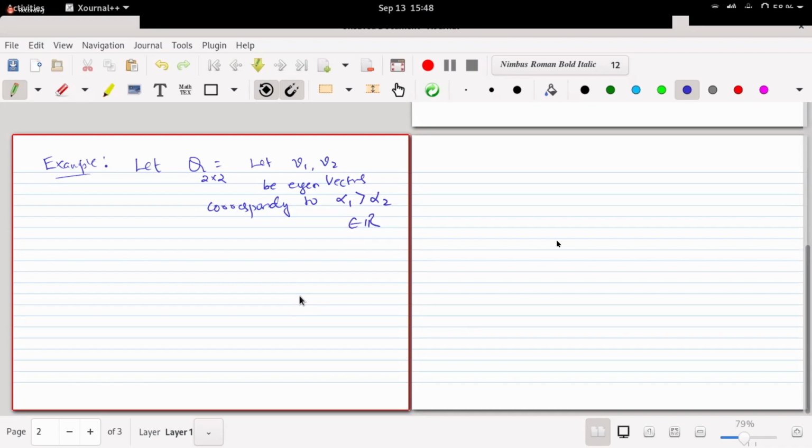Not proof, we are assuming. Let V be an arbitrary vector in R2.